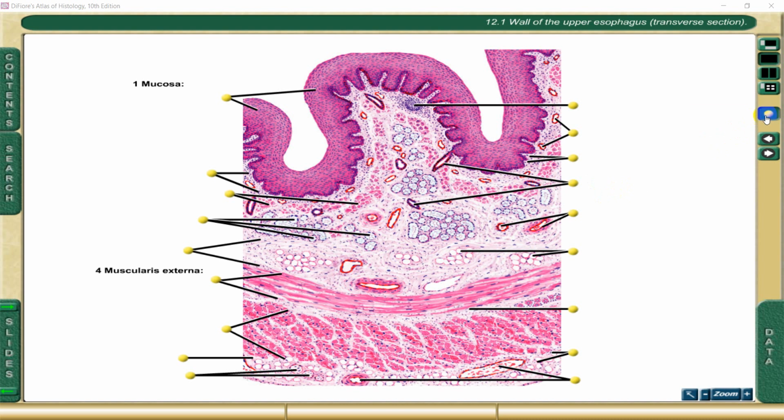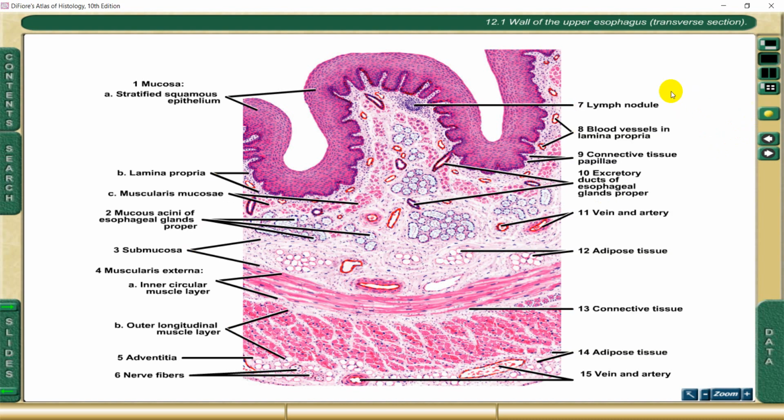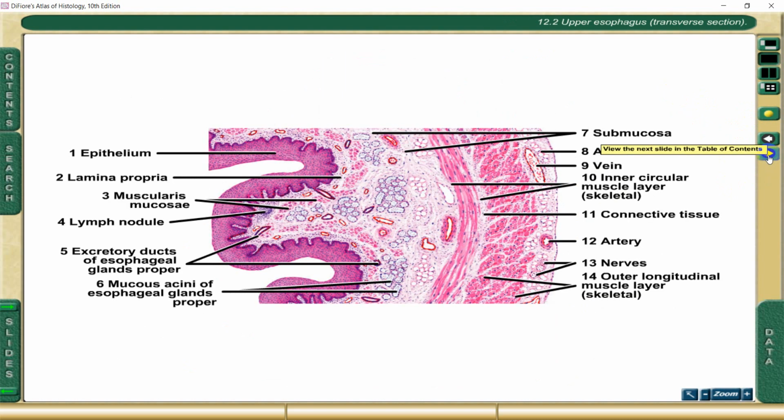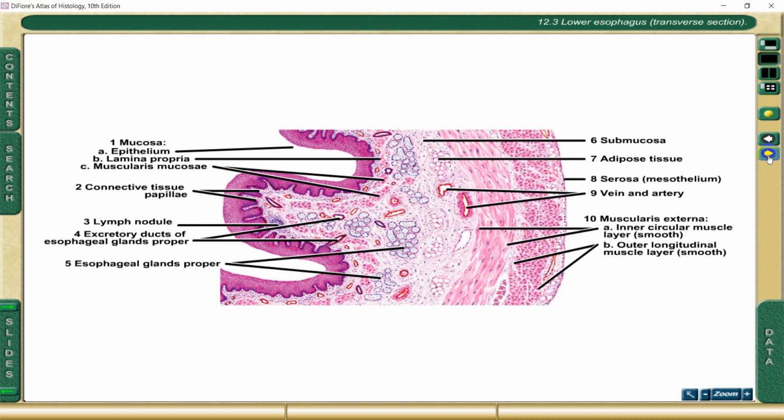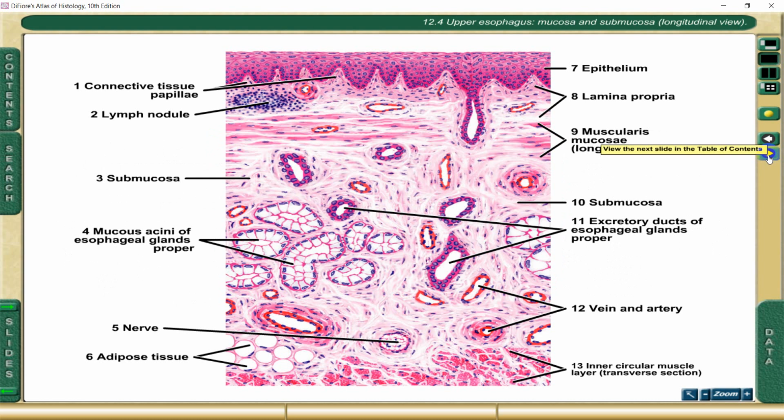This slide is a cross section from the esophagus with hematoxylin and eosin. This slide shows the type of the epithelia: stratified squamous non-keratinized epithelia resting on the lamina propria.